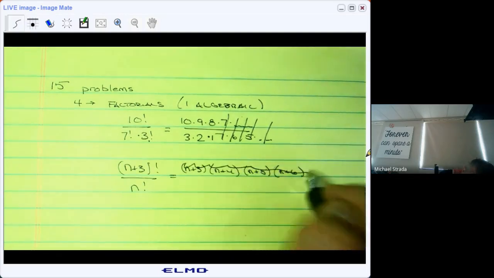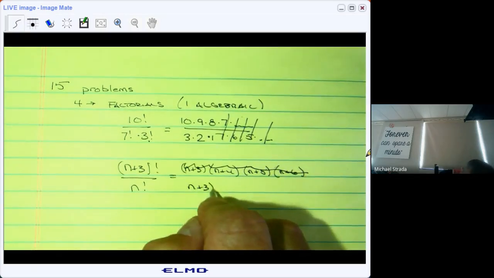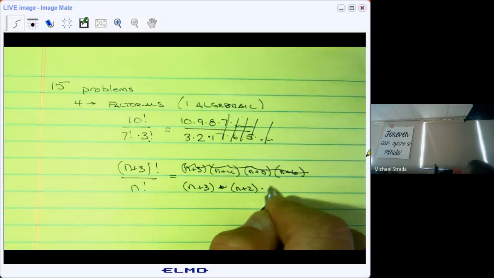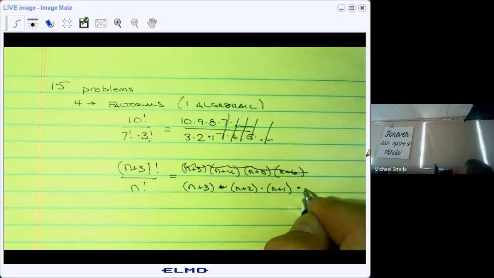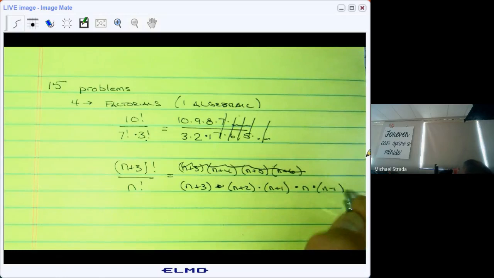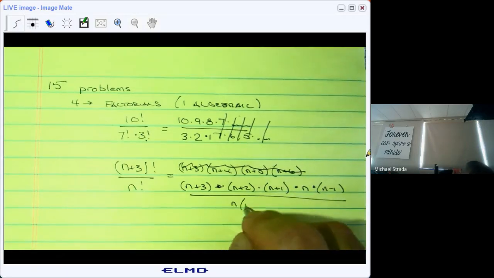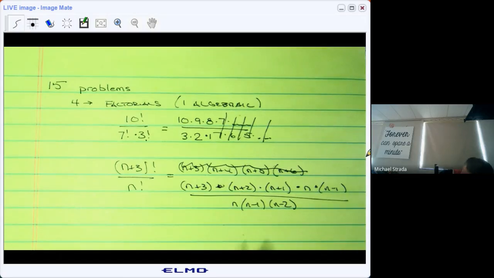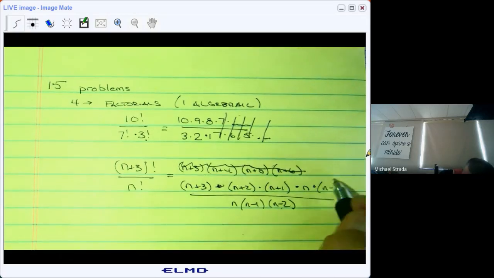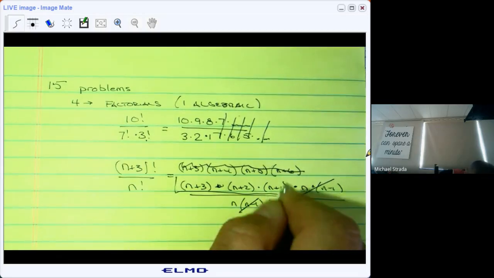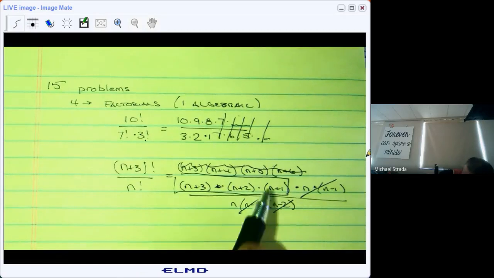I'm going to go the other way. N plus 3 times n plus 2 times n plus 1 times n minus 1 over n times n minus 1 times n minus 2. And so what are the n minus 1, n minus 2, and everything else going to do? Cancel out. And you're left with this expression. And you can write it either like that, or you can write it multiplied together.